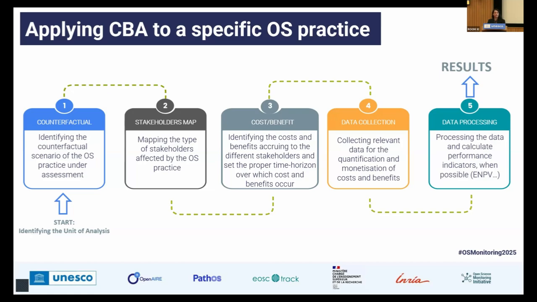Once we have identified these stakeholders, we have to better understand which costs they put into these resources, and then which benefits they obtain. We try to understand for each of them who is going to bear costs and who is going to take advantage of these resources. And then we have to start collecting data, and this can be done in several ways.